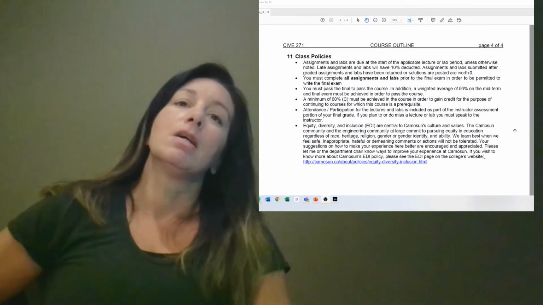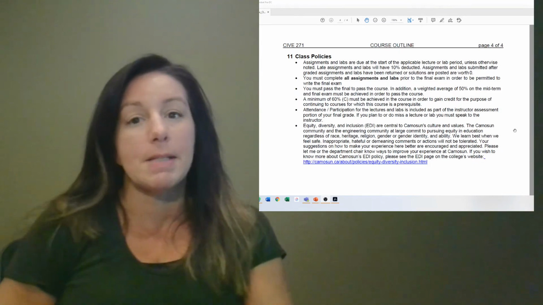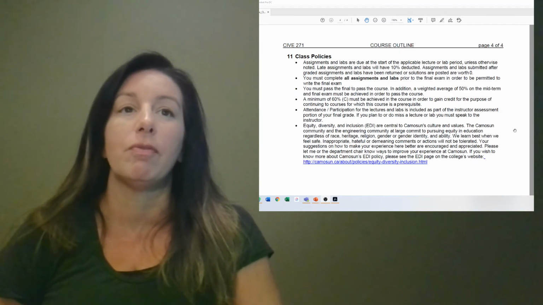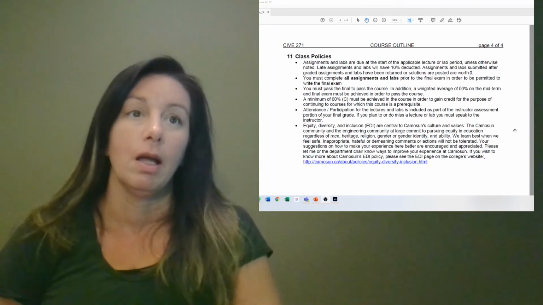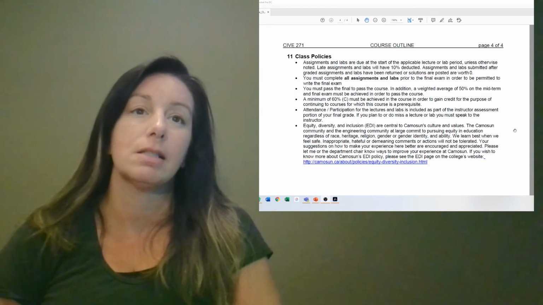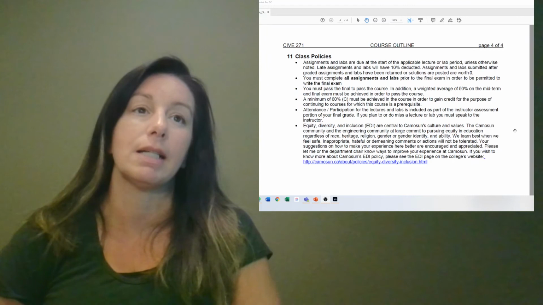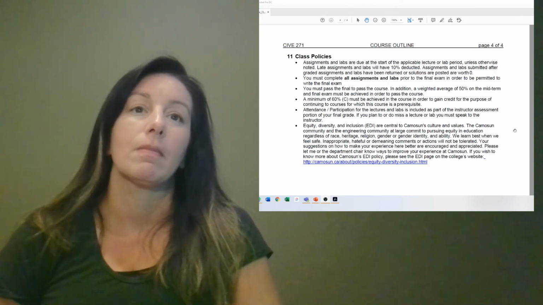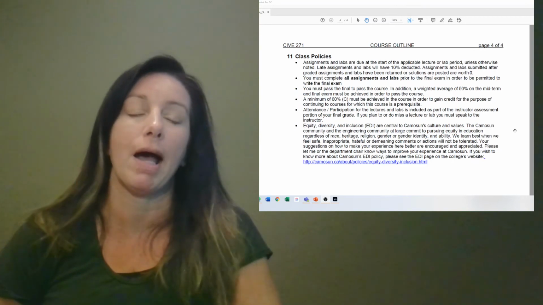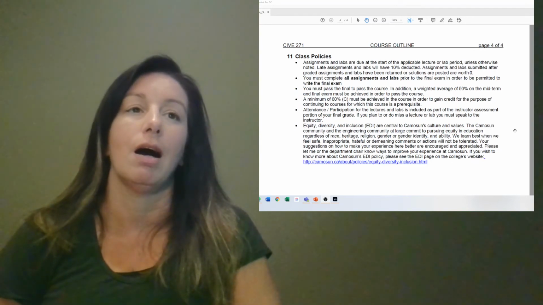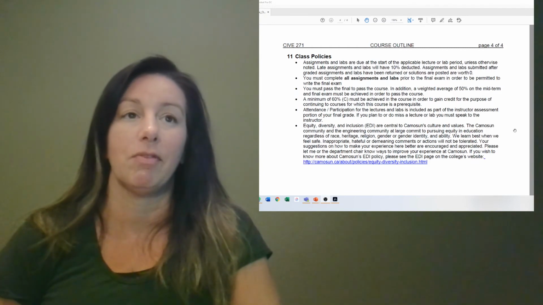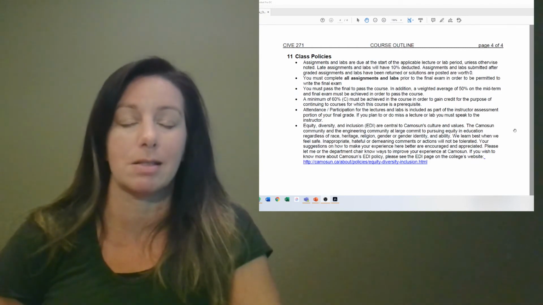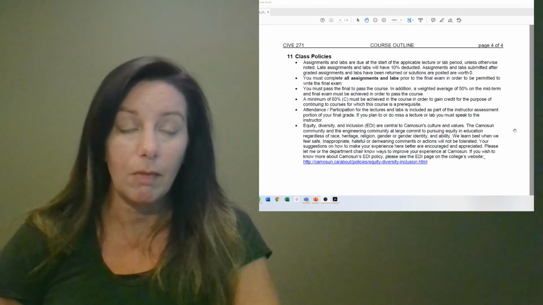Policies. All the assignments and labs have to be completed before you can write the final exam. If they're handed in late, there's a 10% deduction. If I've marked them and handed them back and the solution's already posted, if you hand in something, it's going to be graded as 0.